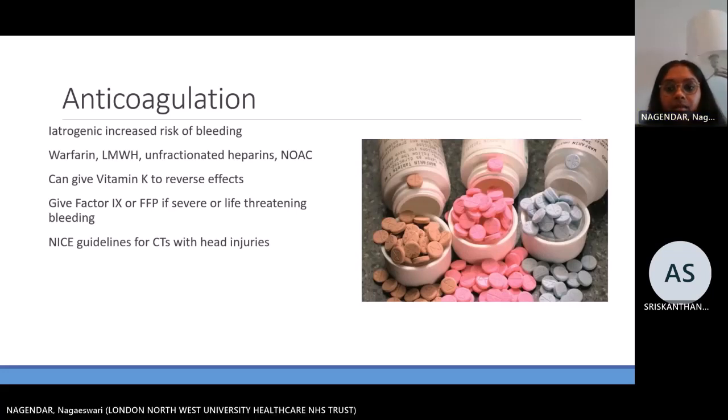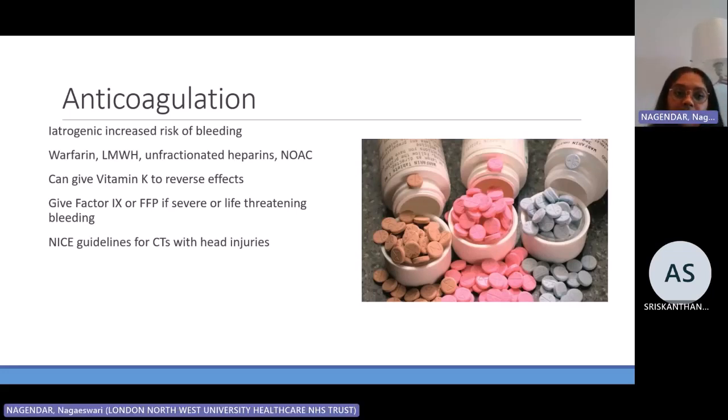Now, heparins can act by potentiating the coagulation inhibitor antithrombin, which results in antithrombin and anti-factor Xa activity. Low molecular weight heparins are usually prescribed by weight, and unfractionated heparins can be given if the creatinine clearance, which we work out using the Cockcroft-Gault equation, is under 30.